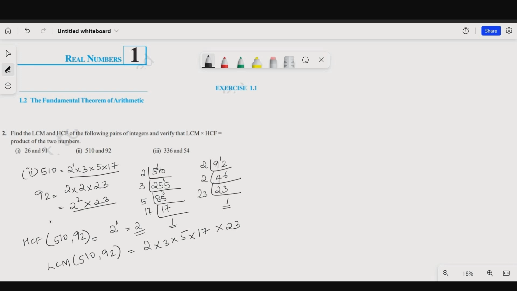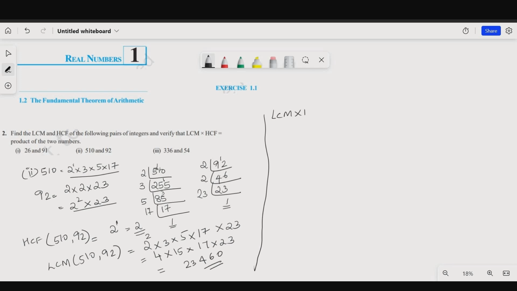Here the greatest power is 2 raised to 2. Here 3 is anyway 1, 5 is 1, 17 is 1, 23 is 1. So the LCM is 4 into 15 into 17 into 23, which is equal to 23460.